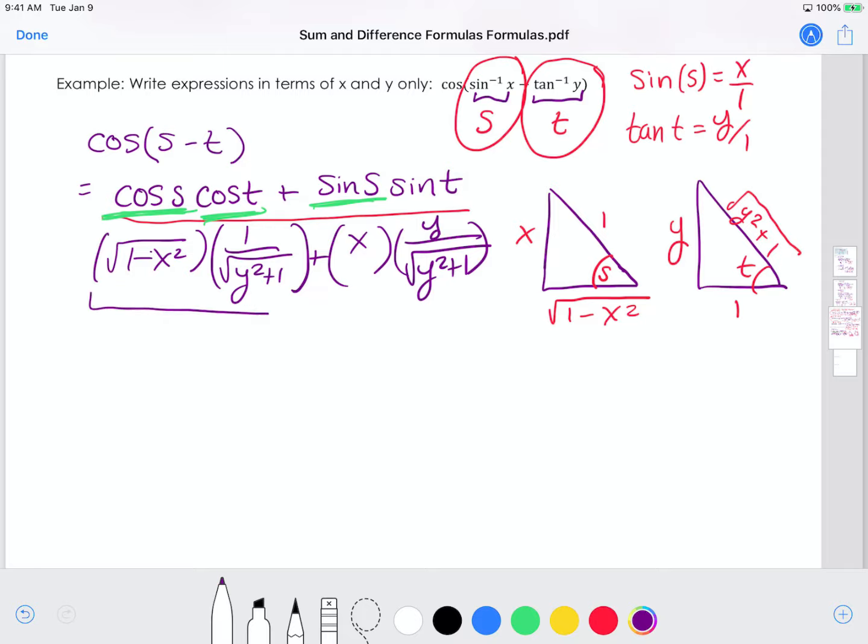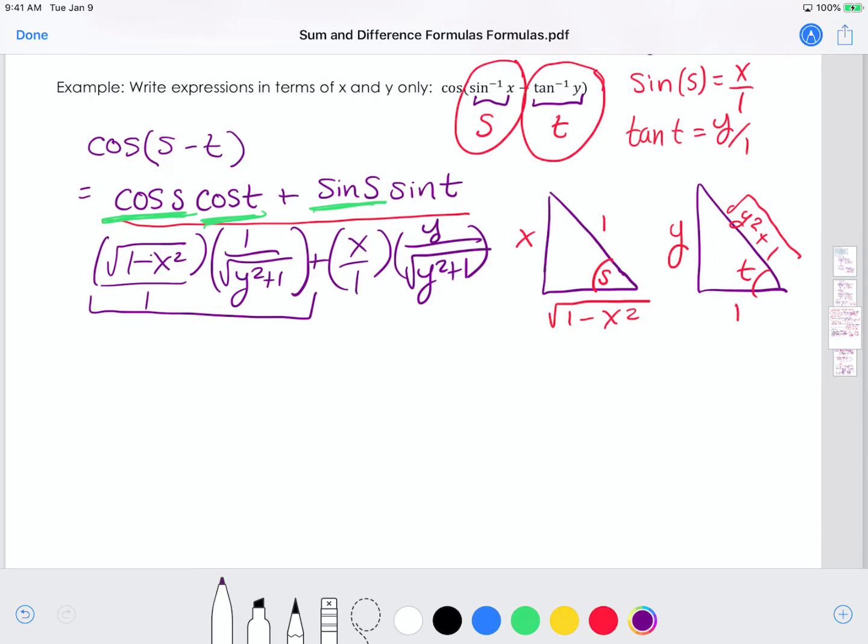So for this part here, remember there's a 1 under here, even though I didn't originally put it in there. When I multiply the square root of 1 minus x squared over 1 times 1 over the square root of y squared plus 1, we are going to get the square root of 1 minus x squared all over the square root of y squared plus 1.